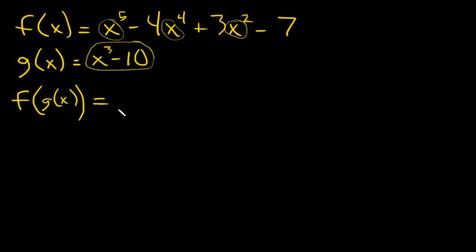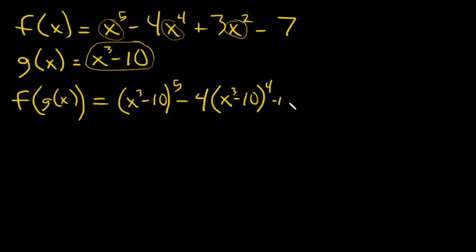If you want, you can go straight there. I can just make this quantity, instead of x to the fifth, x cubed minus 10 to the fifth, minus 4 times, instead of x to the fourth, x cubed minus 10 to the fourth, plus 3 times x cubed minus 10 squared minus 7.